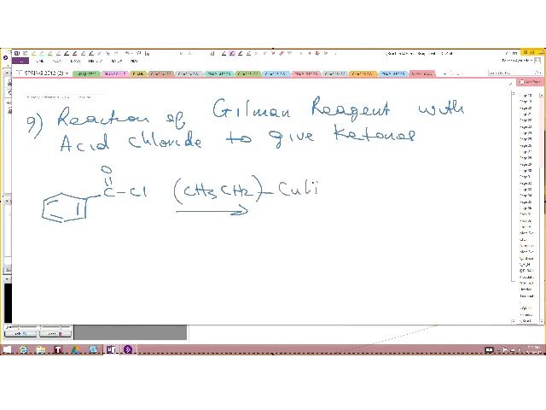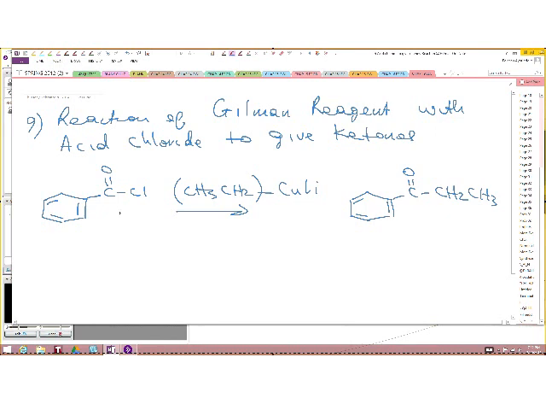It's a copper lithium reagent. We get this. Okay, so we could go from the acid chloride to a ketone using the Gilman reagent.